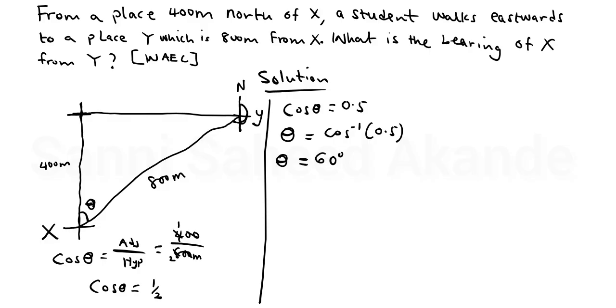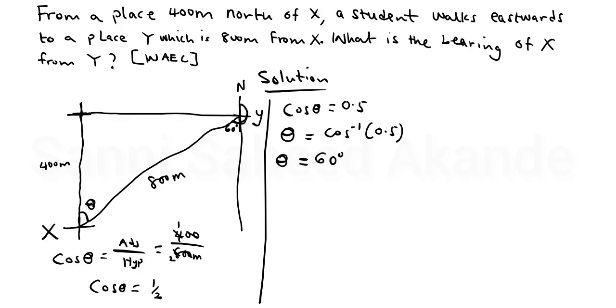Now, if you come here, this angle that I was referring to the other time will also be equal to 60 degrees. Why? Because it's an alternate angle. All right, because this is a straight line and is parallel to this side also. Okay, then we have a transversal line. Understood? Now, that is why we got this angle to be 60 degrees, alternate angle.